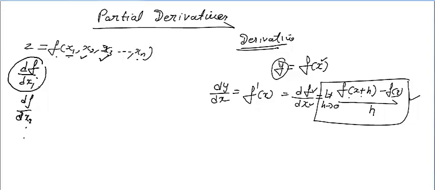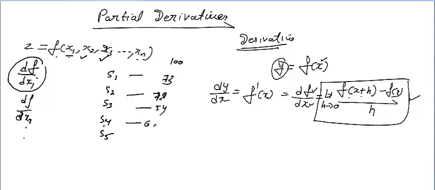Keep this example in your mind whenever you have any confusion about the derivative of a function depending upon more than one variable. Let us suppose you have 5 subjects, S1, S2, S3, and so on up to S5. The total maximum marks are 100. So you are getting 73 marks, 72 marks, 54 marks, 60 marks, and 70 marks.